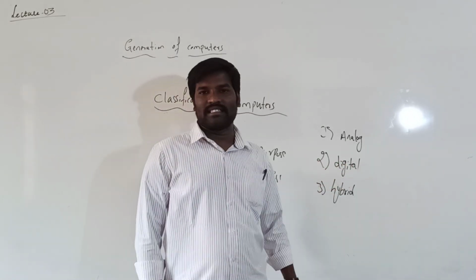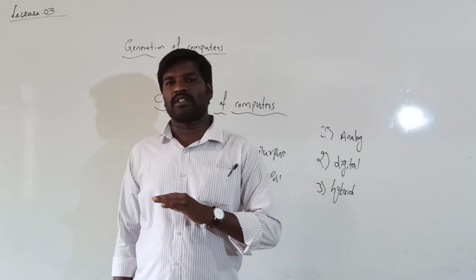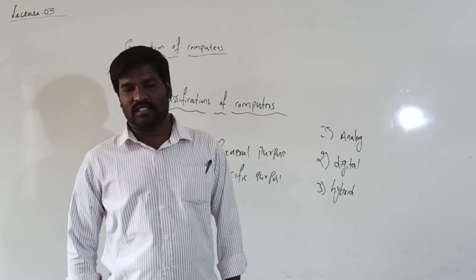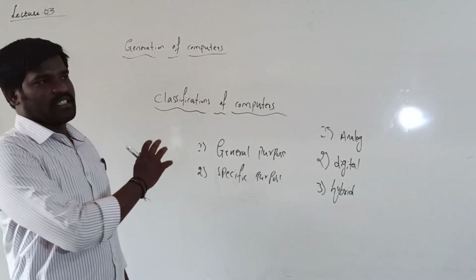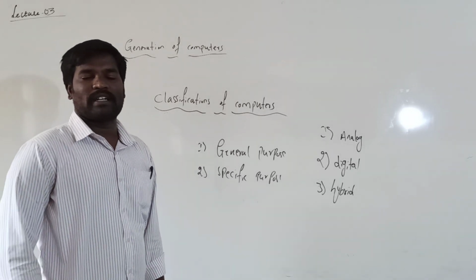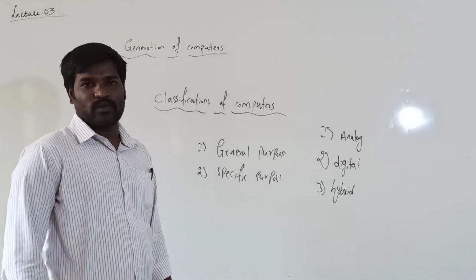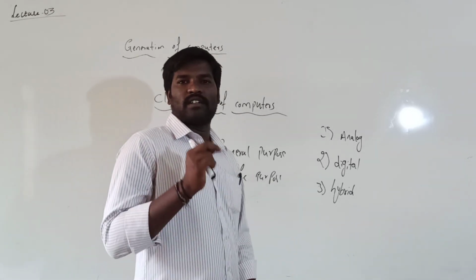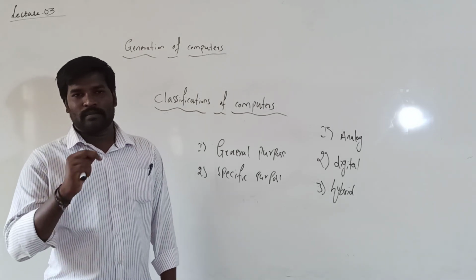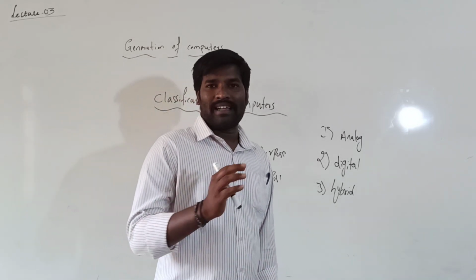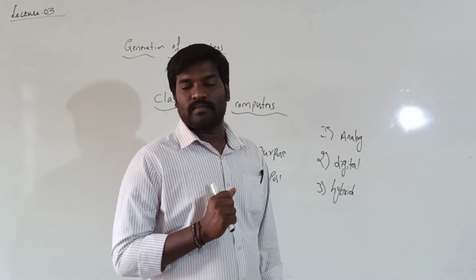Second one is digital. Here digital means everything will be in terms of digitalized. For example, whatever data you feed into the system can be converted into zeros and ones, because the computer knows only one language, that is machine level language. Machine level language indicates the binary data, that is zeros and ones.